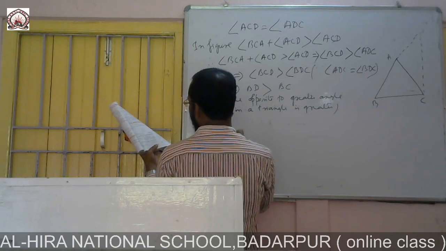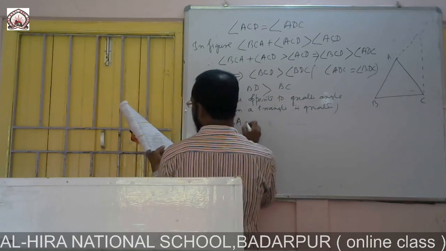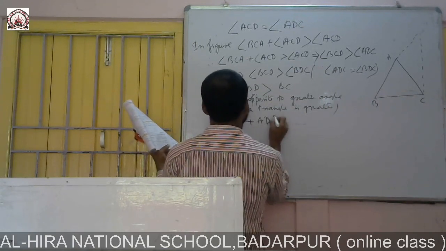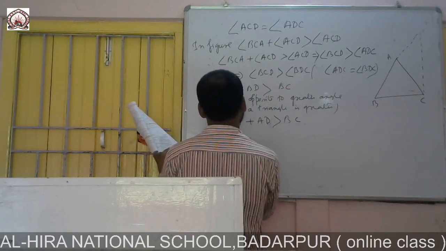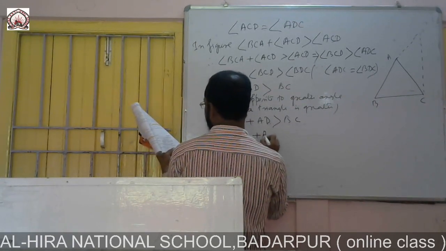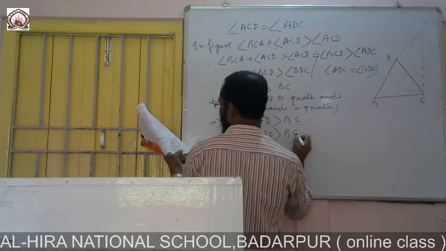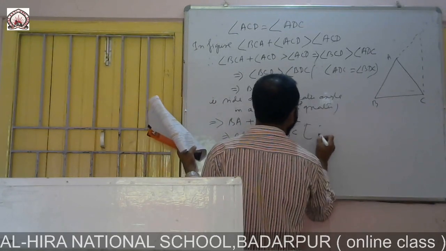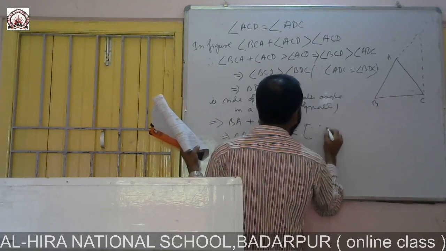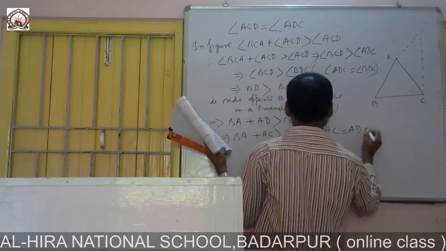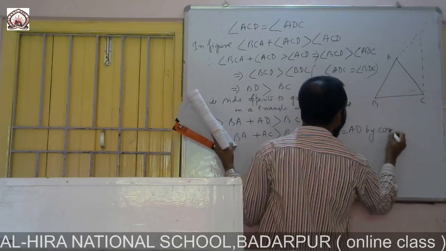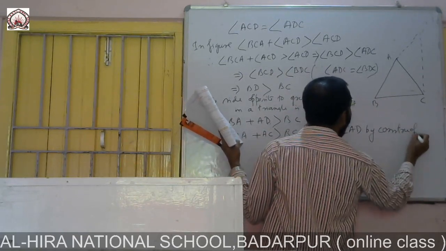This implies BA plus AD is greater than BC, which implies BA plus AC is greater than BC, since AC is equal to AD by construction.